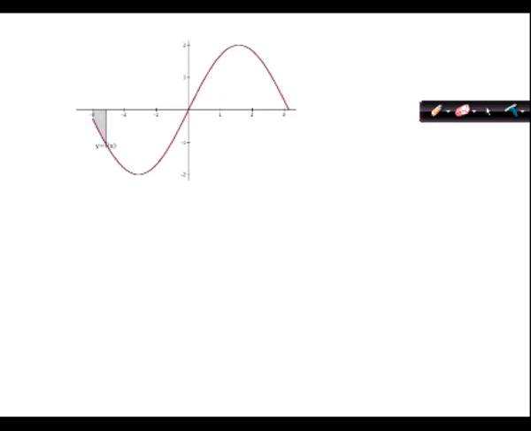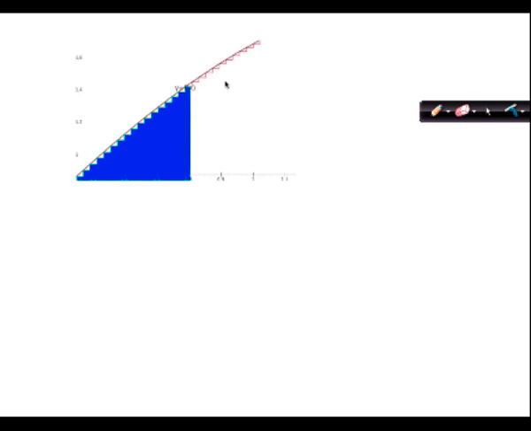So here we're imagining generating area between the curve f and the x-axis. What we need is the rate of change of this area generated. If you zoom in here, notice this has been modeled by lots of little constant values of the function.